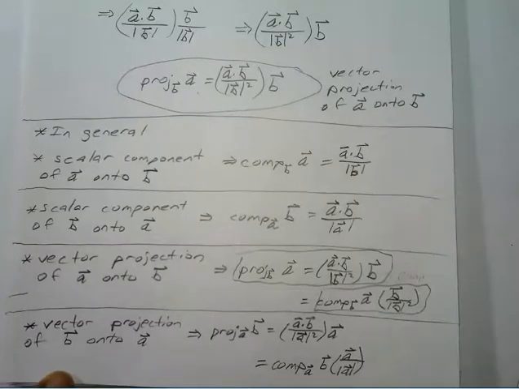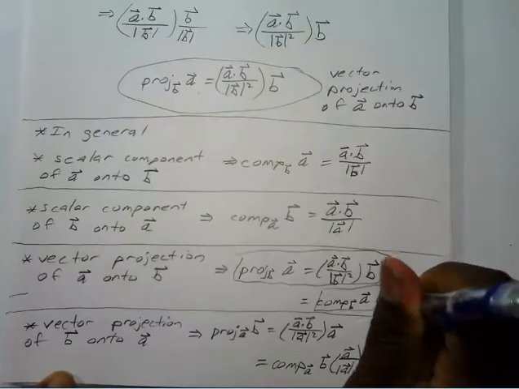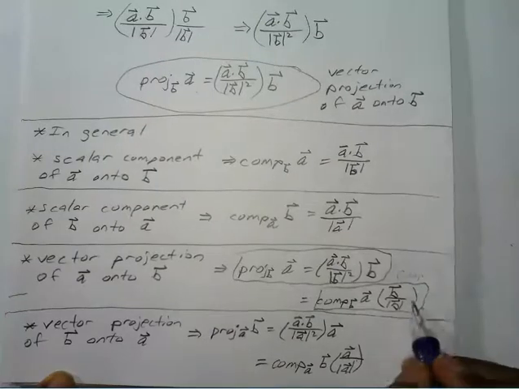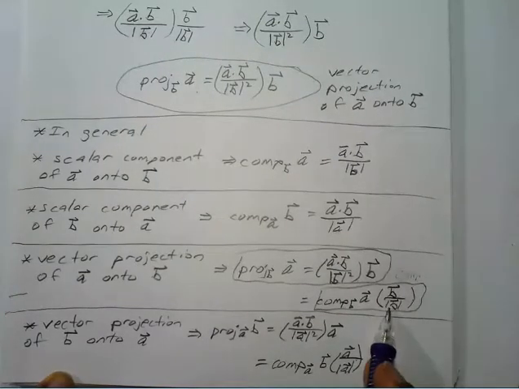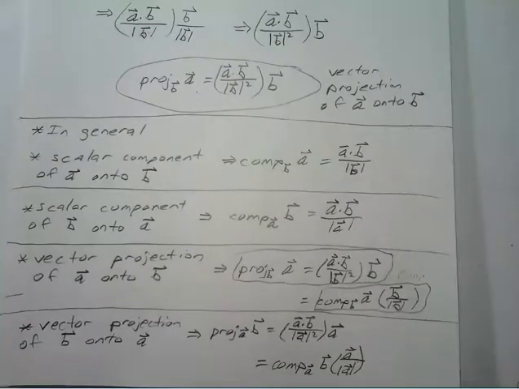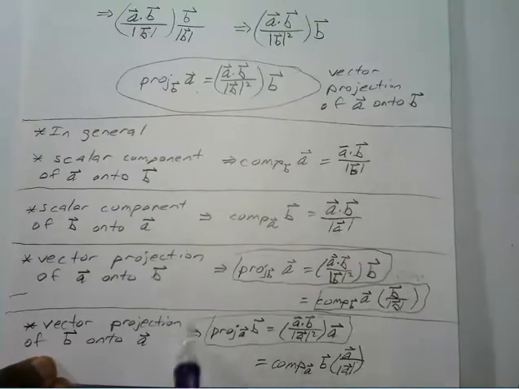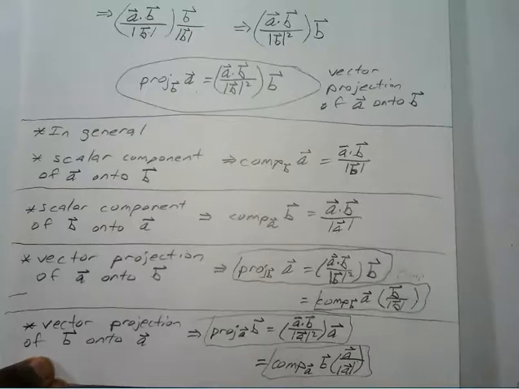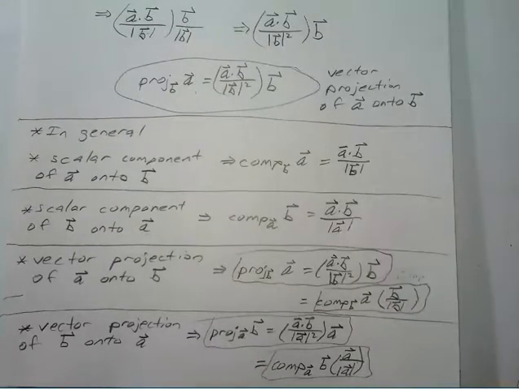Oh, actually this second one is not squared. I don't know why I did that. Be aware that this second one isn't squared. That was just an error on my part. Okay, if you have these four formulas, you will be all set for your projections.